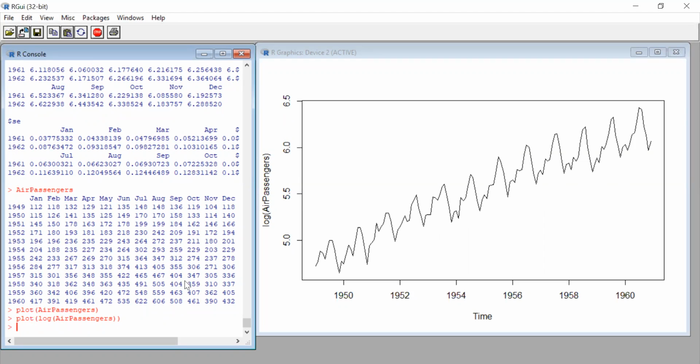Okay, so now we take care of the variance by the log transformation, but it is still linearly increasing. An increasing mean is not stationary. First of all, by the definition of stationary, we need a constant mean. But now the average is increasing with time.